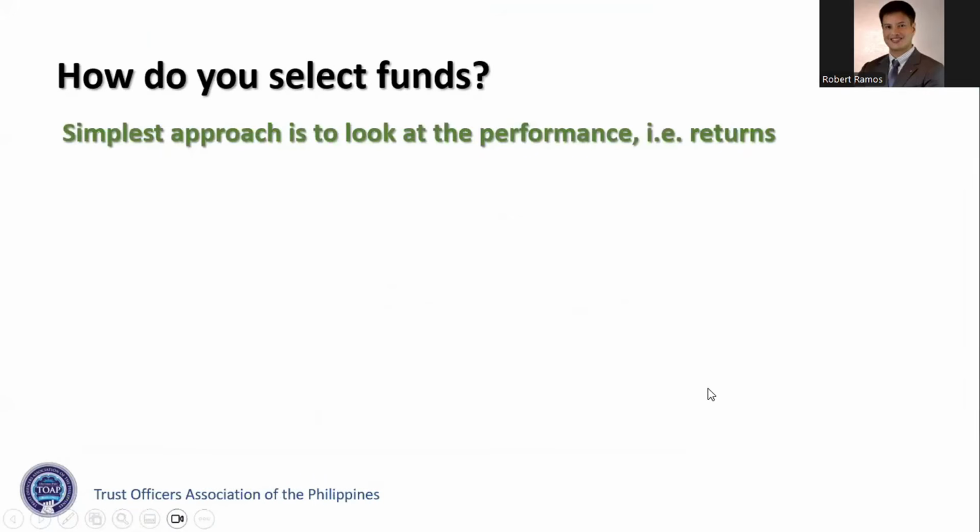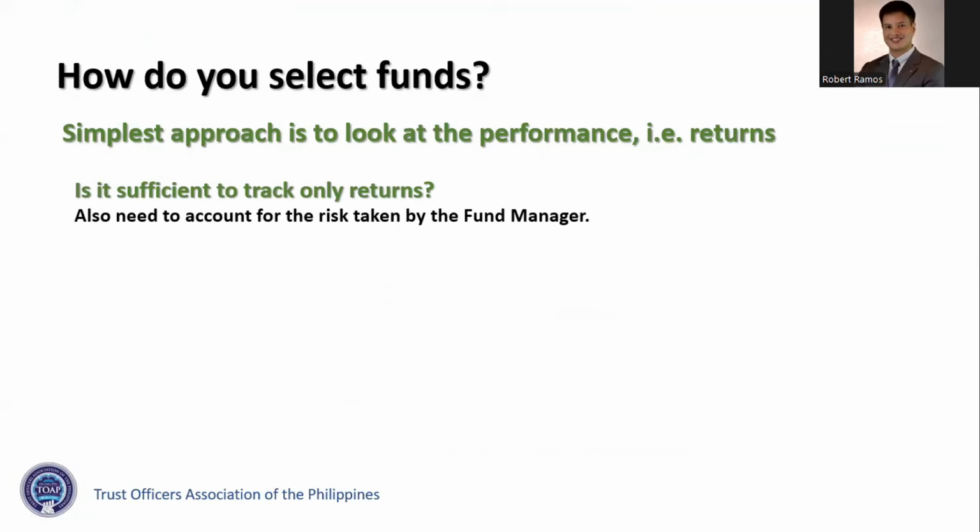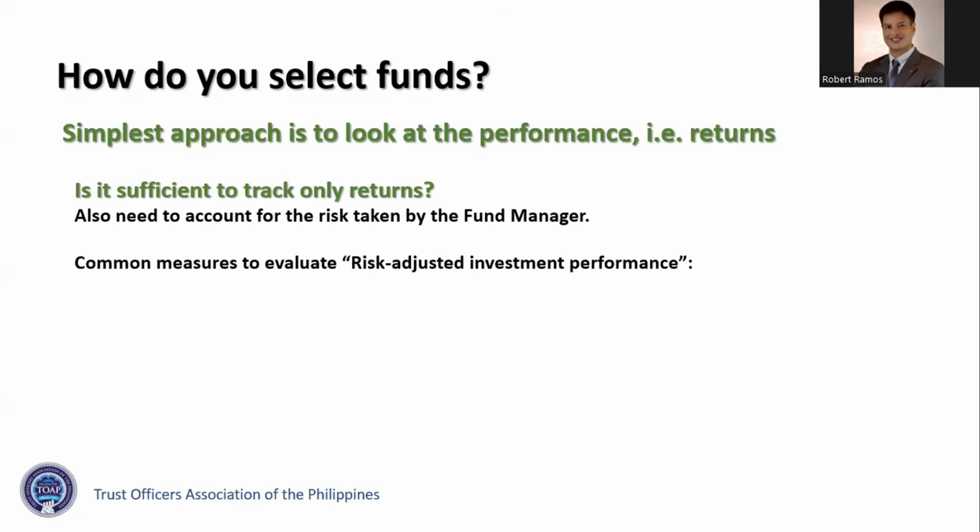So how do you select funds? One of the simplest approaches is to simply look at performance, such as returns. Is it sufficient to track only returns? You also need to account for the risk taken by the specific fund manager because the returns might not provide you with all the information that you need.